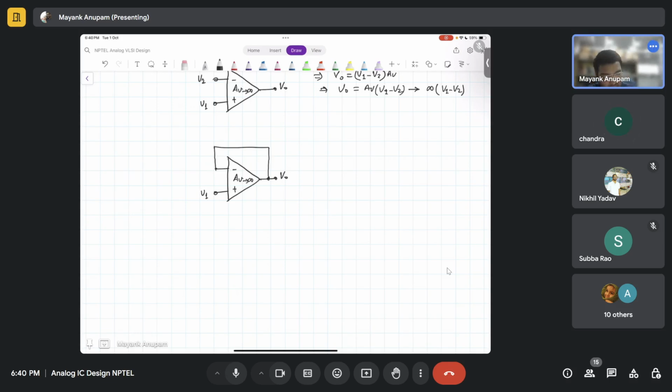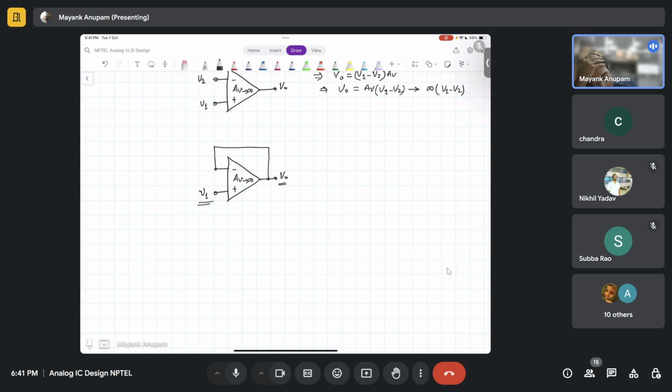Fine. Now tell me, you have applied an input here. The op amp knows nothing, but it can only process information that is applied at its input. You have only applied one input, the other input is connected to the output. So how does the op amp work in that manner?